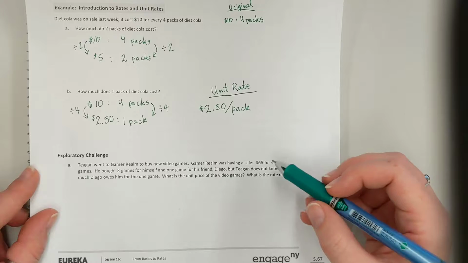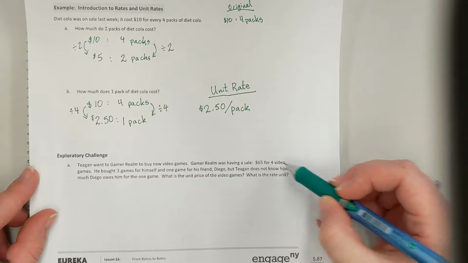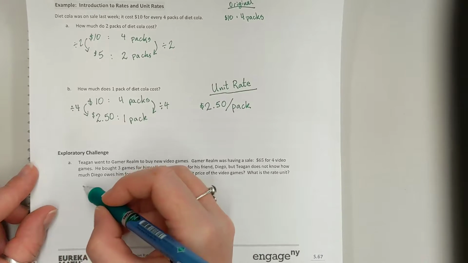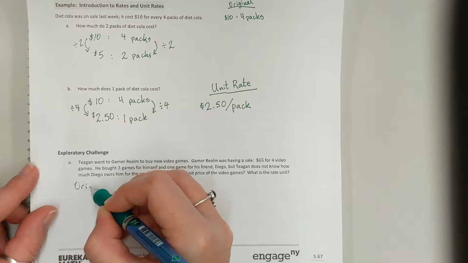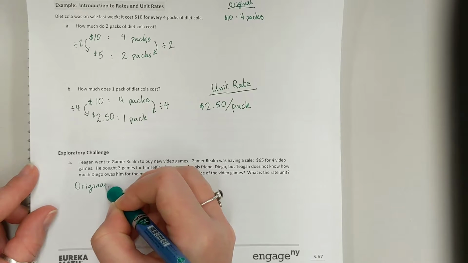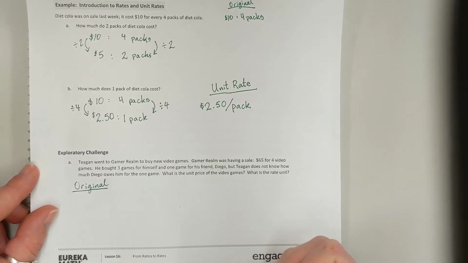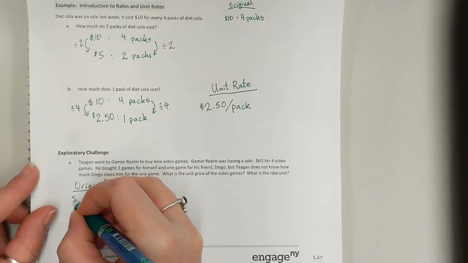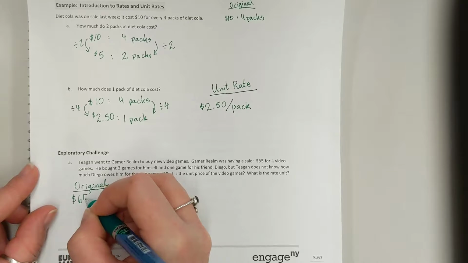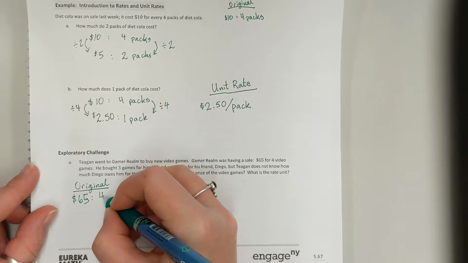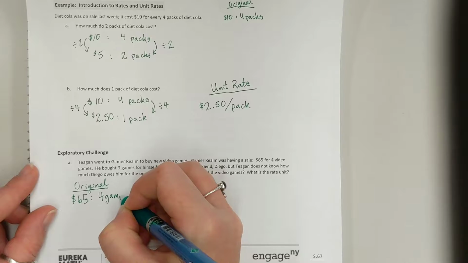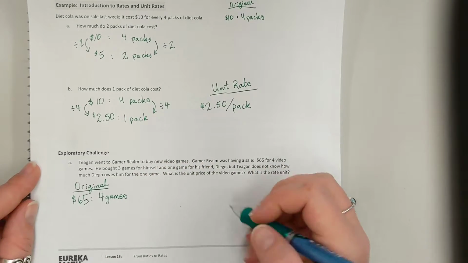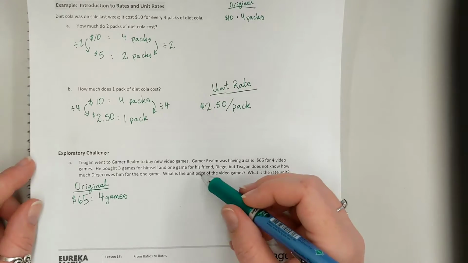Okay, so we know that we're paying $65 for 4 video games. So again, let's look for that original ratio. What is our original ratio? If you said $65 to 4 games, you would be correct. Completely correct. Now, we want to find the unit price.